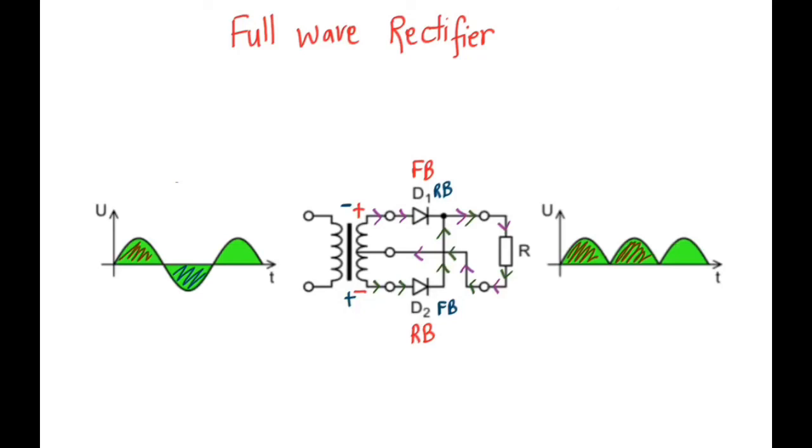How do we know that both of them become positive? Because if you check the direction of current through the resistor, it is the same direction for both cycles. That means the voltage is in the same direction, and therefore both voltage halves become positive, and therefore it is called a full wave rectifier.